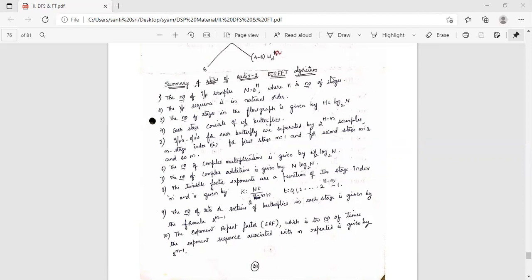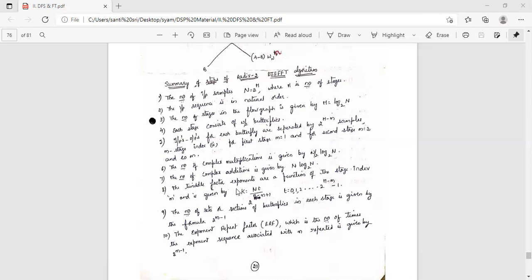Inputs and outputs for each butterfly are separated by 2 power M minus m samples, where m is also called the stage index. That is, for the first stage m equal to 1, for the second stage m equal to 2, and so on. The number of complex multiplications is given by N by 2 log N to the base 2. The number of complex additions is given by N log N to the base 2.